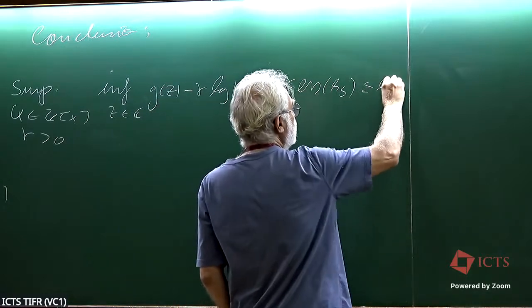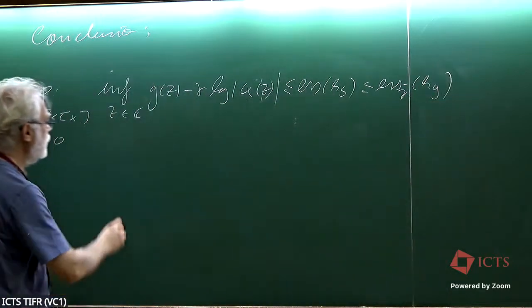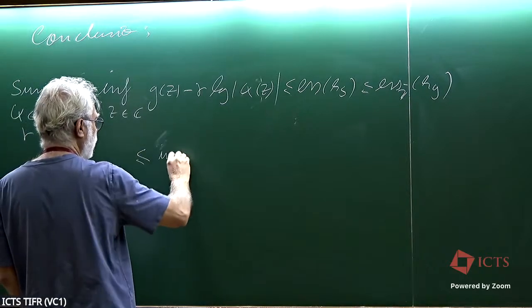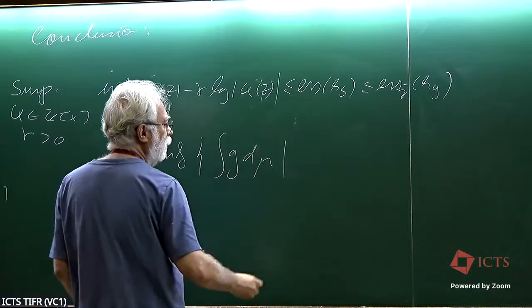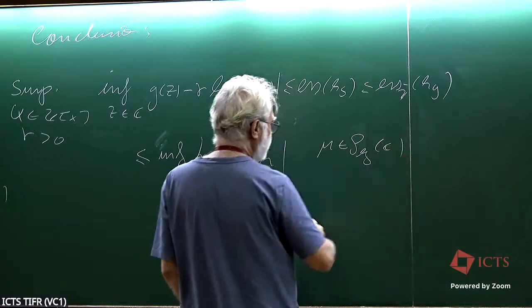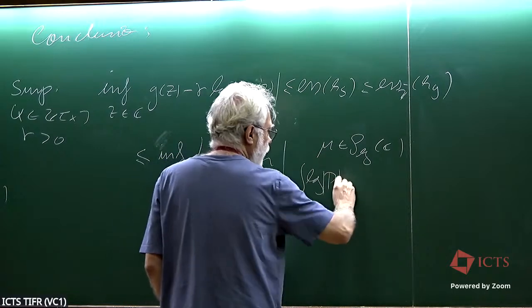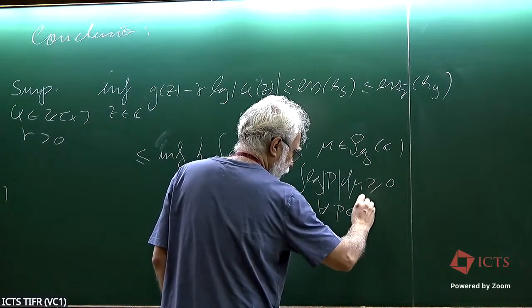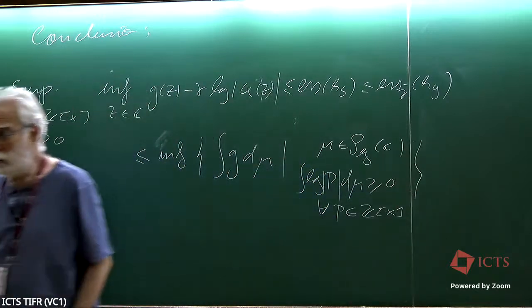This is smaller or equal than the essential minimum with integer numbers of AG. And now this is smaller or equal than the infimum over all mu inside P log of C of the integral of G d mu, such that the integral of log absolute value of P d mu is bigger or equal than 0 for all P inside a set of X. Okay, so this is what we have up to now.